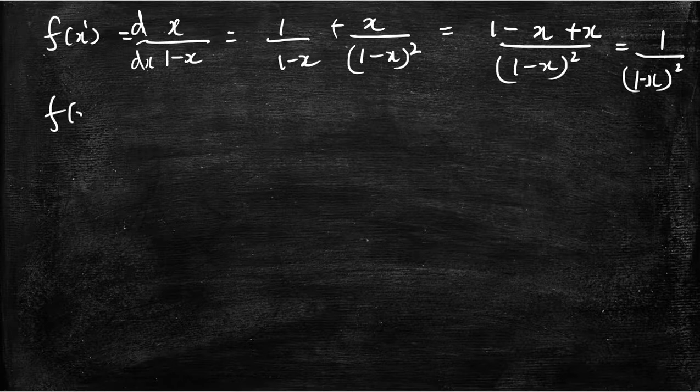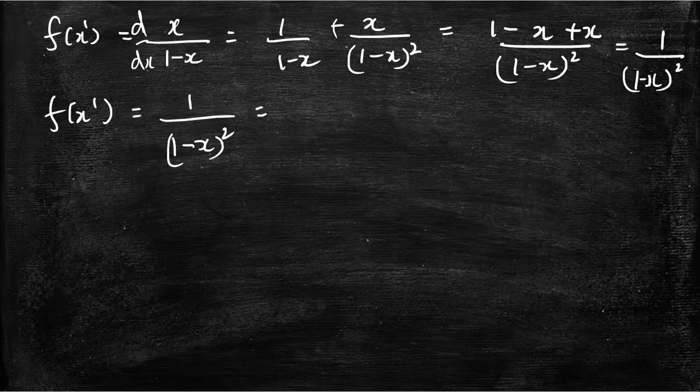My function f of x comma x prime can be written as 1 minus x the whole square, which is again written as 1 minus x into 1 minus x.